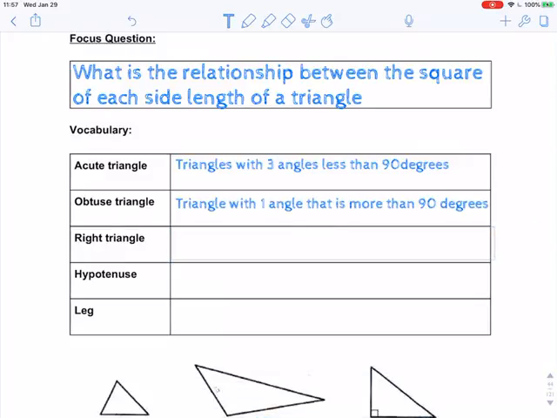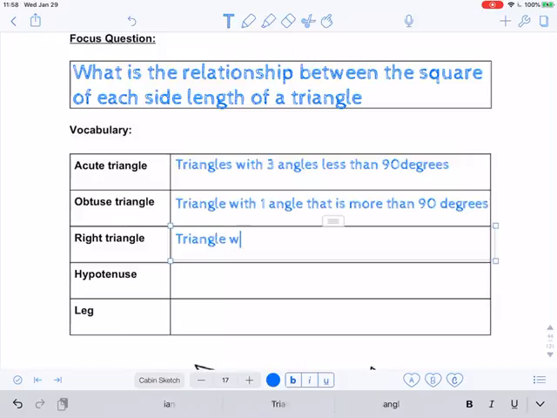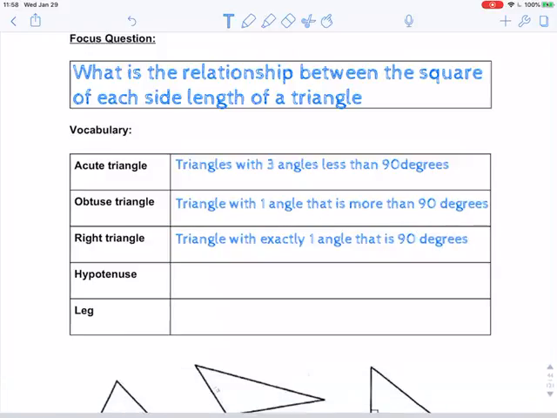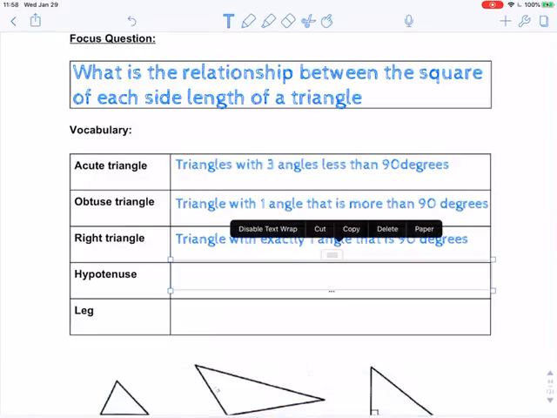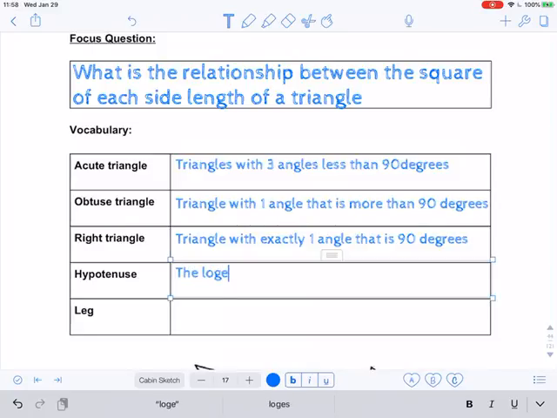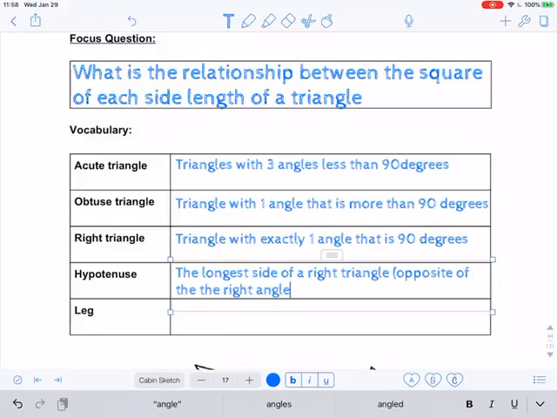A right triangle is a triangle with exactly one angle that is 90 degrees. A hypotenuse is the longest side of a right triangle. It should always be opposite the right angle.